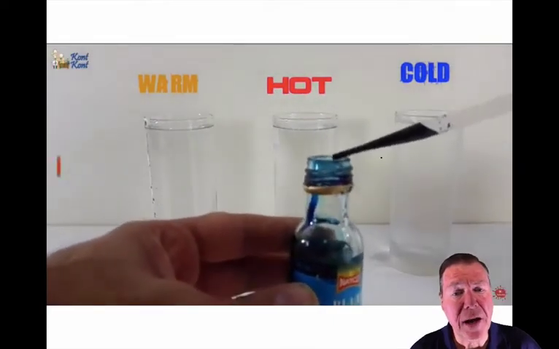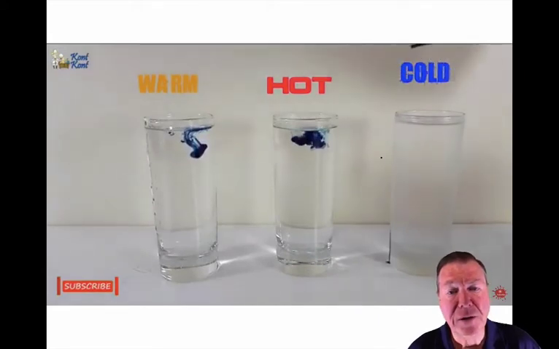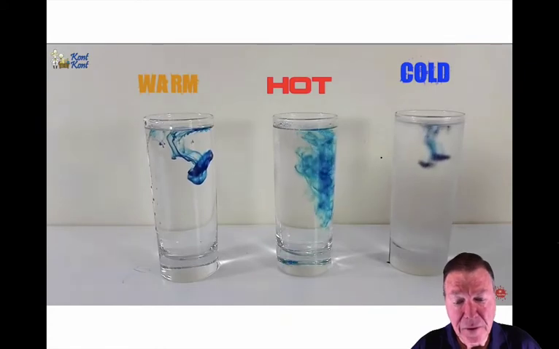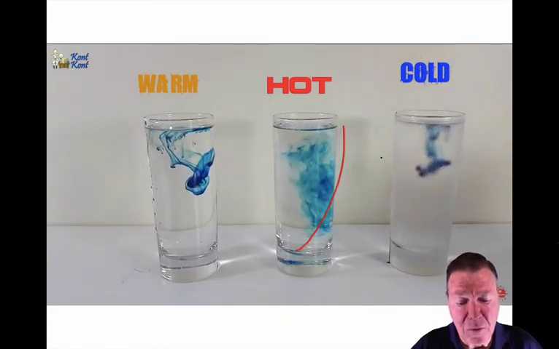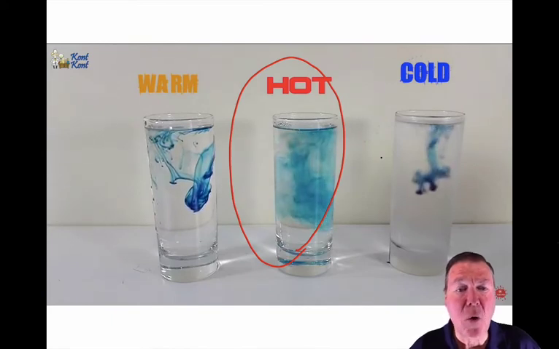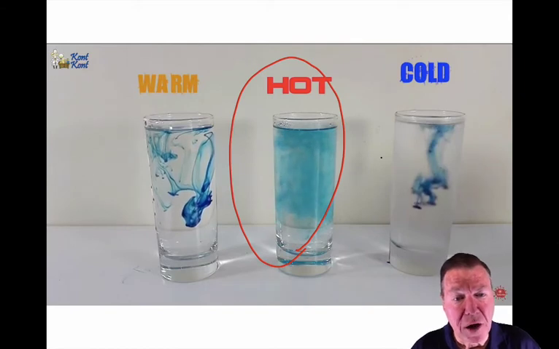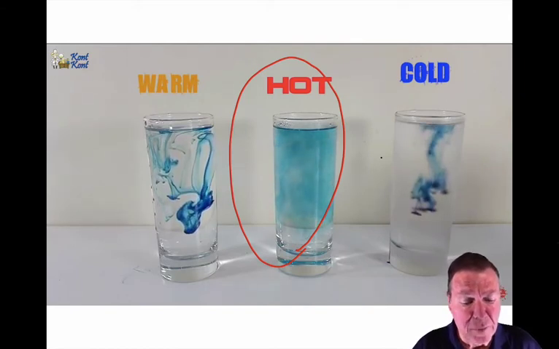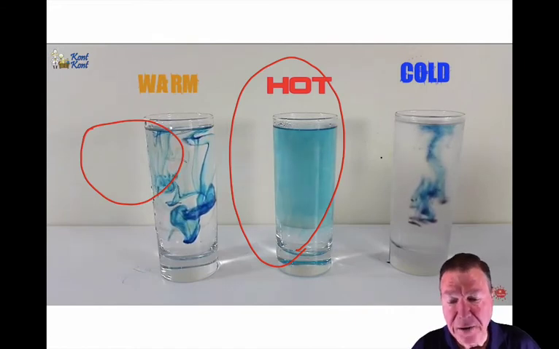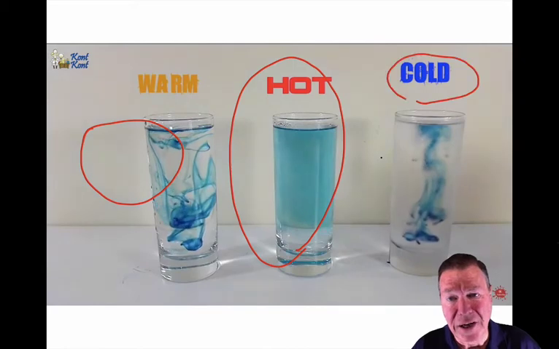What we're going to do is add a couple drops of food coloring to each one, and you'll notice how quickly the warm water changes. Okay, how quickly it diffuses, the hot water. The warm water over time is diffusing a little bit quicker over here, and the cold water isn't really diffusing at all.